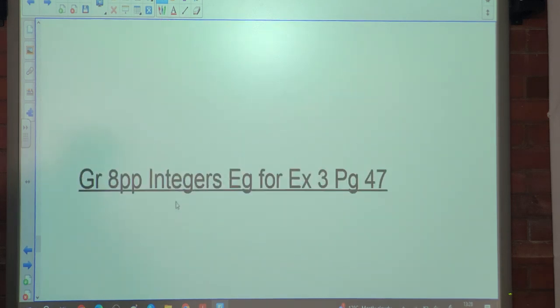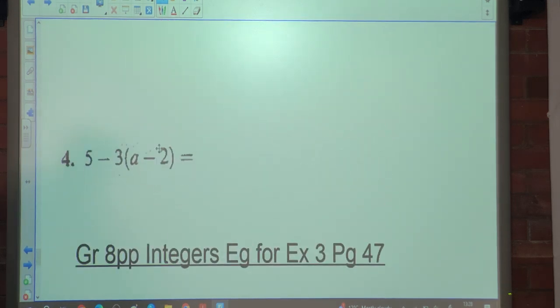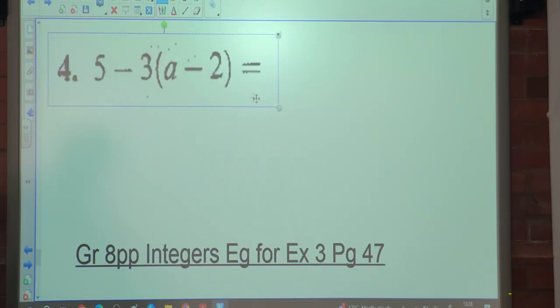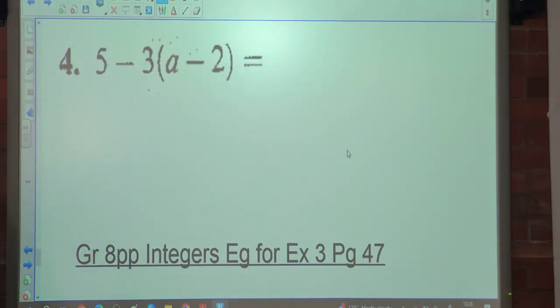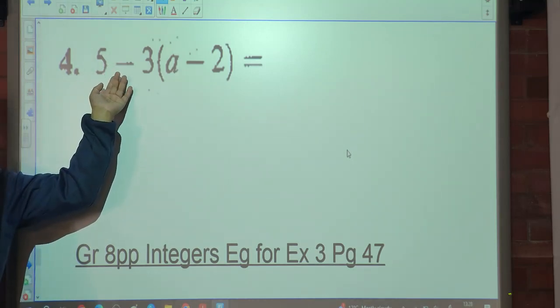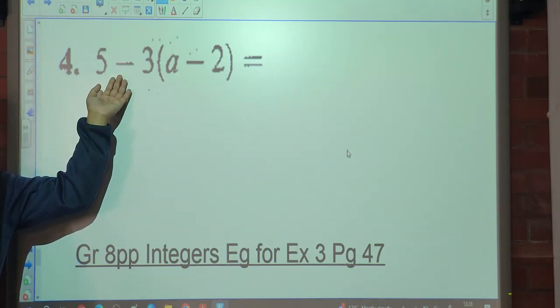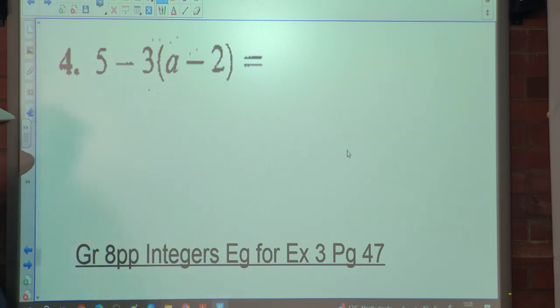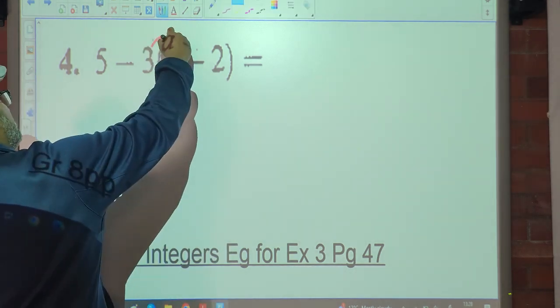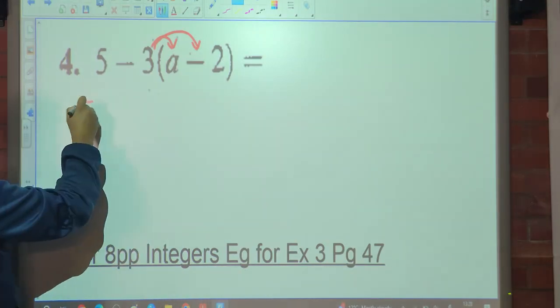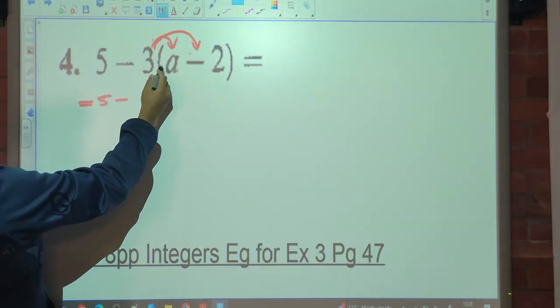The last one before the homework. We got 5 minus 3, open brackets, a minus 2. So, would I subtract the 3 from 5 first? Brackets first according to BODMAS. We get rid of this bracket. So we'll have 5 minus, what's negative 3 times a?